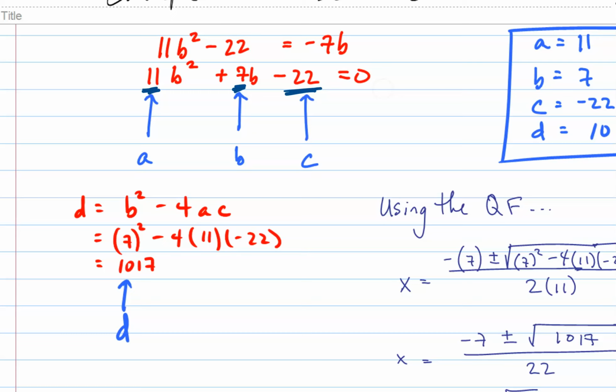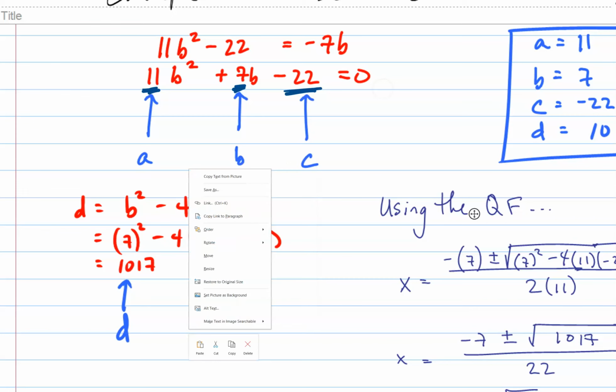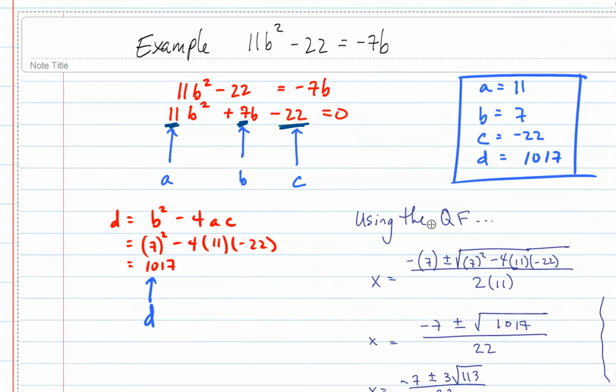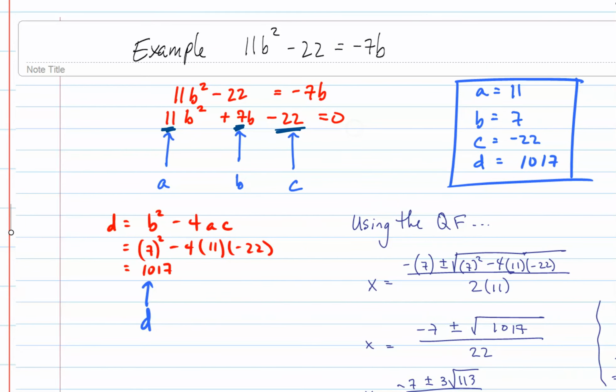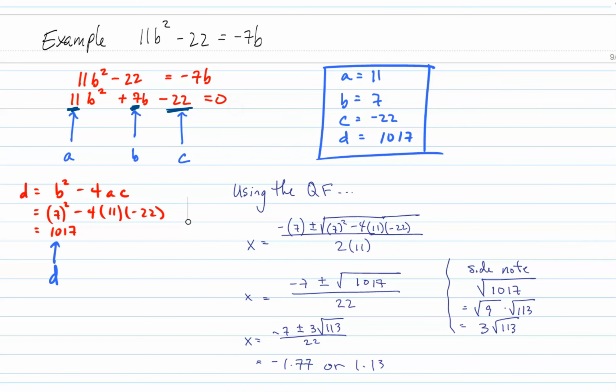If we calculate our discriminant d value ahead of time, and we define that as b squared minus 4ac, then after substituting and simplifying, we see that our discriminant, or d value in this case, ends up equaling 1017. So I would report my a value as 11, b value as positive 7, and c value as negative 22, and we can compute our discriminant, or d value, to be 1017.